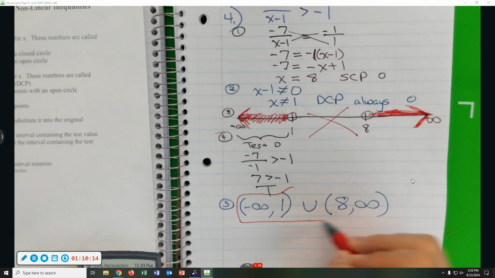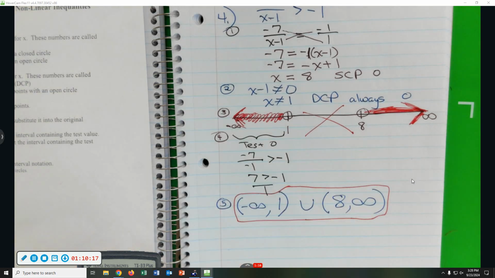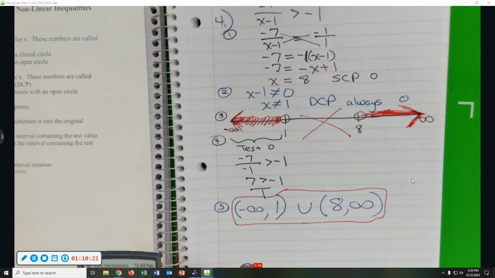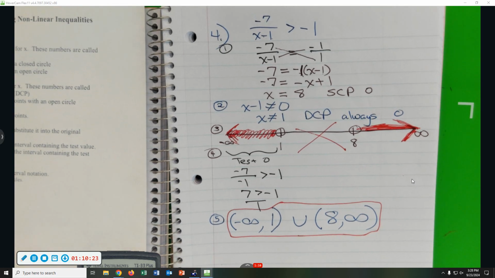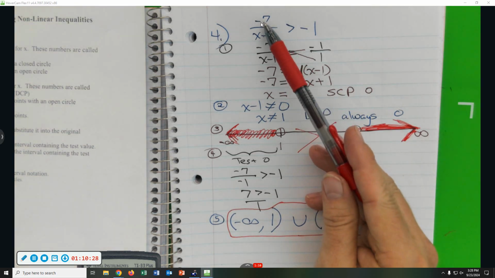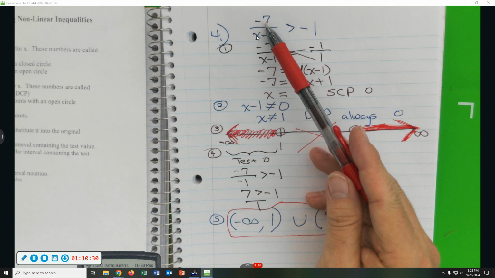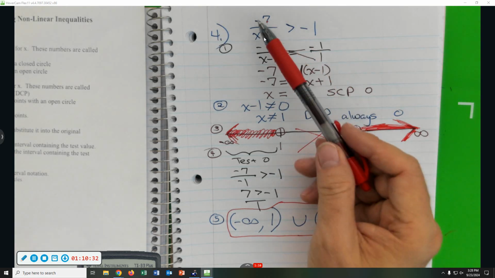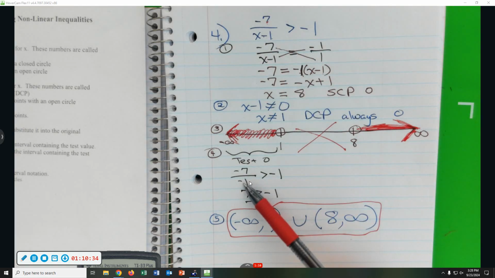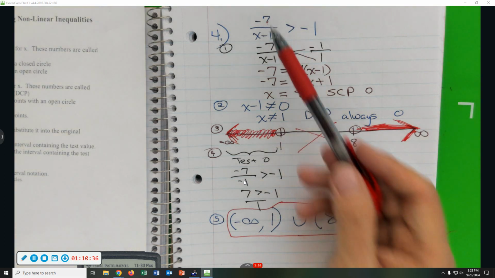And if you don't like this, just think about it. I remember sitting in that class just thinking, what the heck? So when you tested it with the 0, you plugged in 0 to x. 0 minus 1 is negative 1. The negative 7 didn't change.